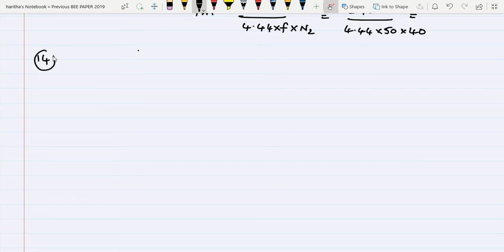Next, 14th question. Given number of poles, P is equal to 4. Always poles will be denoted with the letter P. And it is a three-phase system, and rotor speed is given. Motor runs at a speed, that is nothing but rotor speed. So it is Nr.